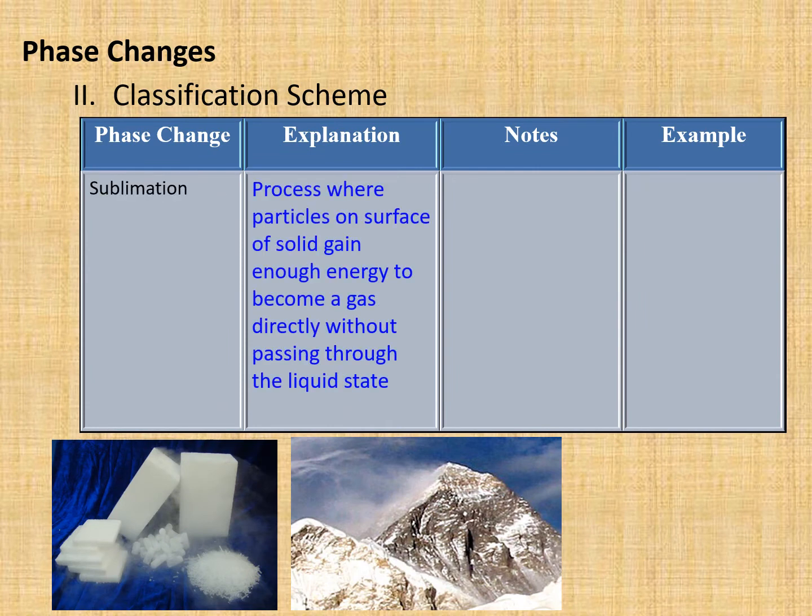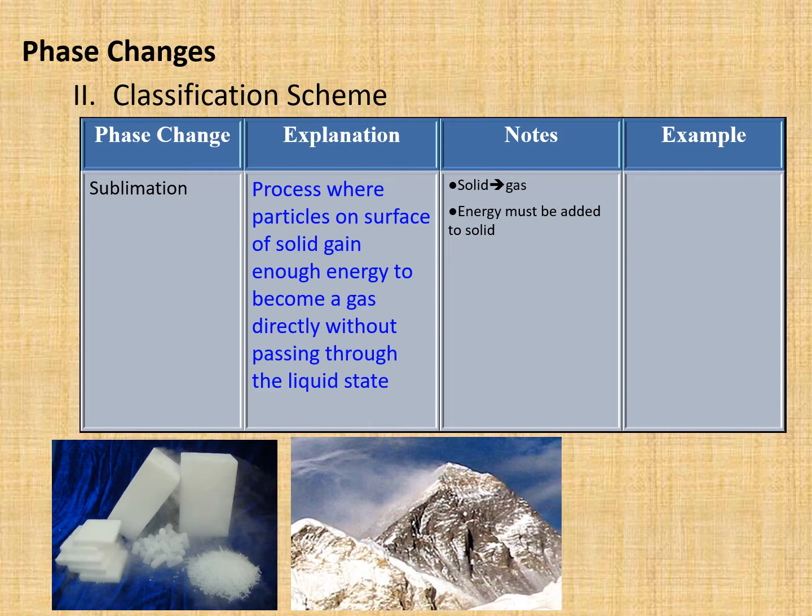Sublimation is the process where particles on the surface of a solid gain enough energy to become a gas directly, without passing through the liquid state. So the phase change involves a solid turning directly into a gas. Of course, energy must be added to the solid for this to happen.